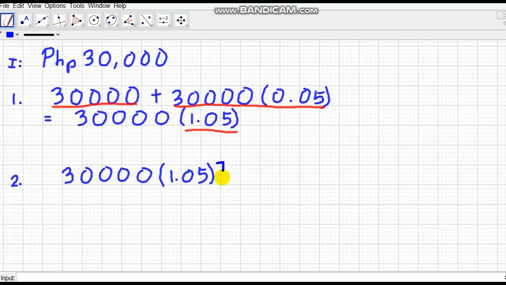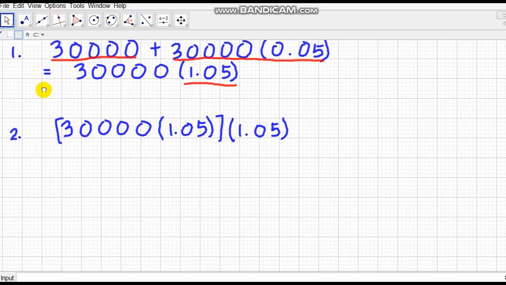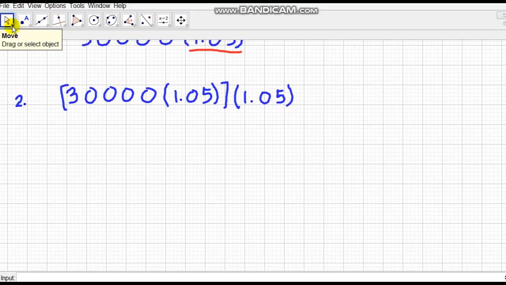And we multiply this number here with another 1.05, since another year has passed, she will get another 5% interest. So her money will grow by 105%. So that's how the growth factor works. It tells you how much your money grows.